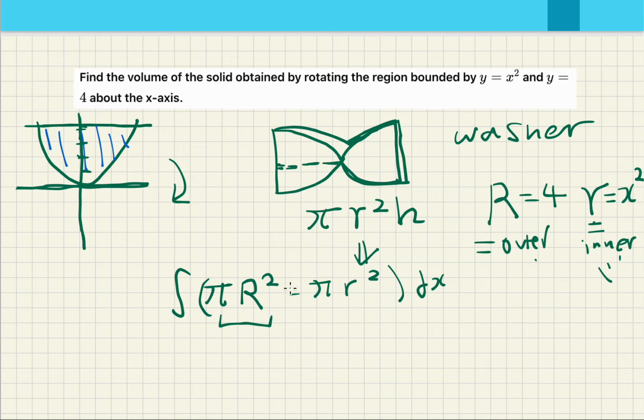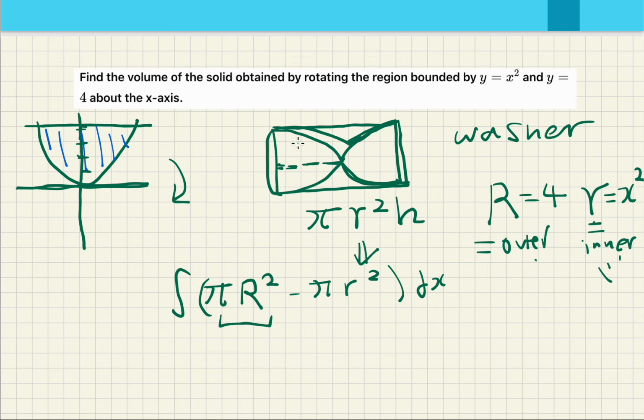So pi r square h, this is the formula for the volume of a cylinder. But what cylinder? The cylinder I'm talking about here is this outer or bigger cylinder, this larger cylinder. And so this cylinder has depth.